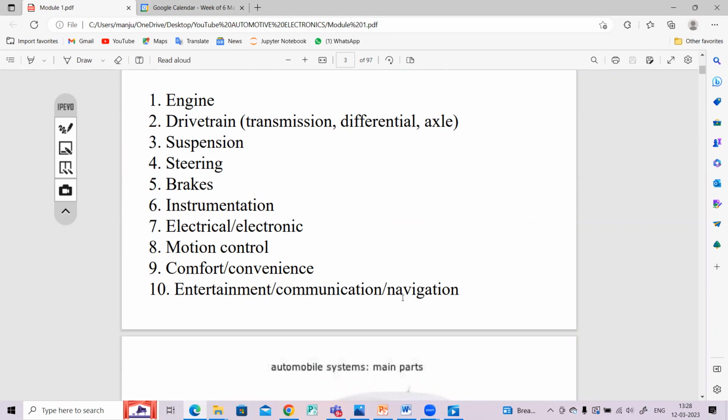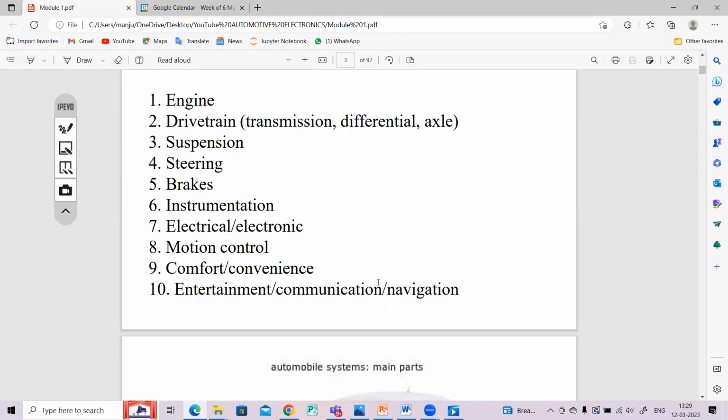Navigator means nothing but tracking of the respective road, by using the Global Positioning System. And the communications, in the form of technology we are going to use, like Wi-Fi and Bluetooth.